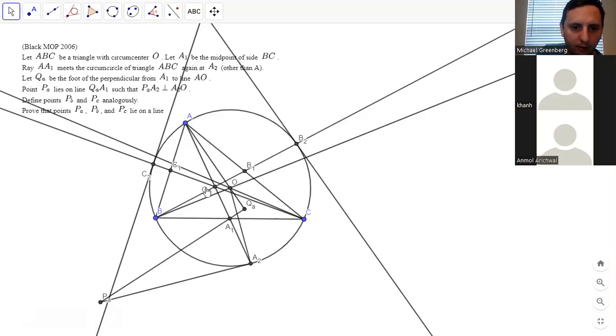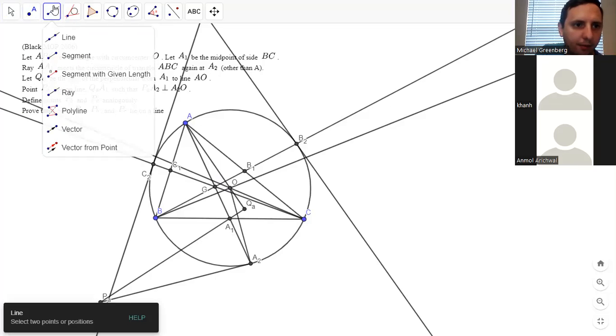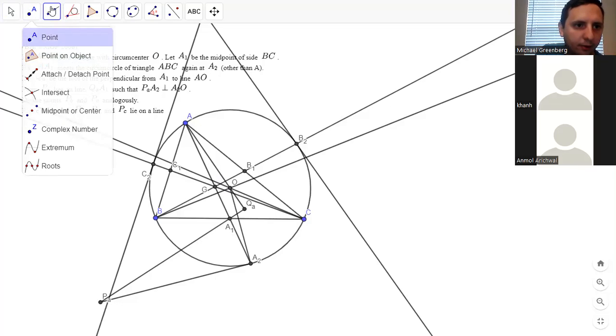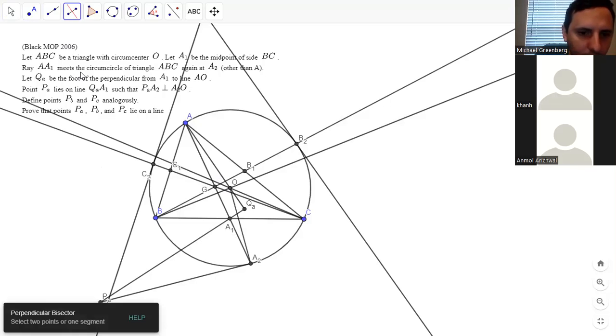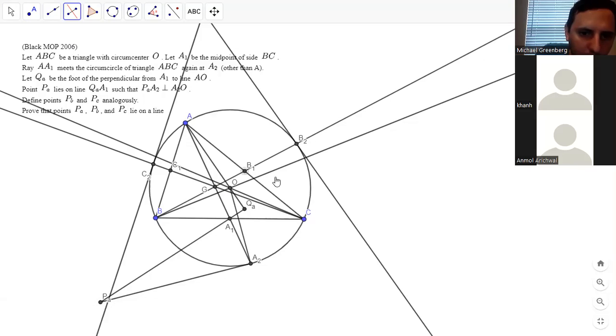So I drew the perpendicular from A1 to AO. I'm going to need to draw the perpendiculars A1 to AO, B1 to BO. Whoops.